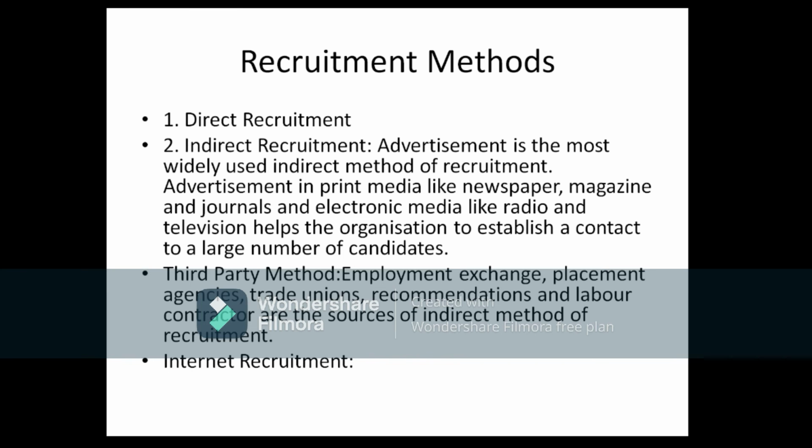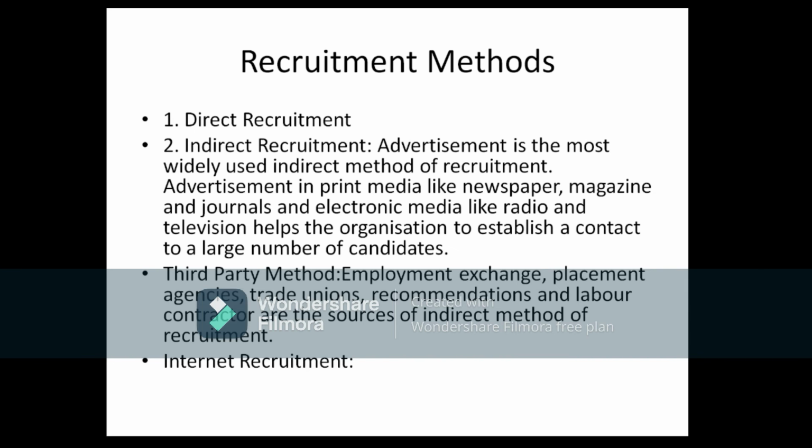The interested students apply for a job. The company conducts the interview of the interested students, and makes the selection of the best student. So this is the method of recruitment that is called the direct recruitment.